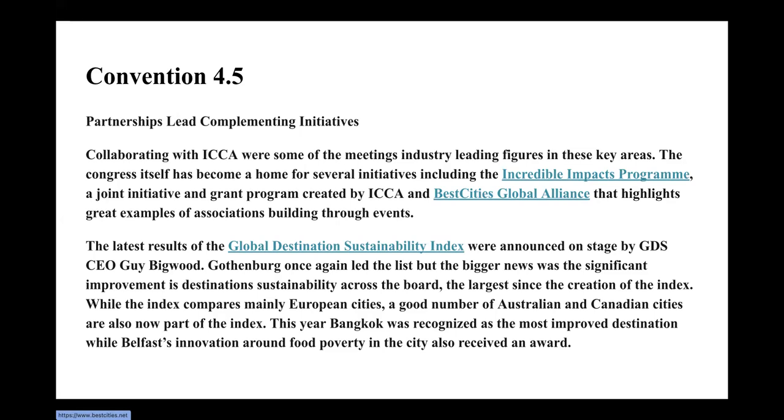The most important thing is the largest result of the Global Destination Sustainability Index. This is the most important thing when it comes to talking about conventions or even a big meeting here.